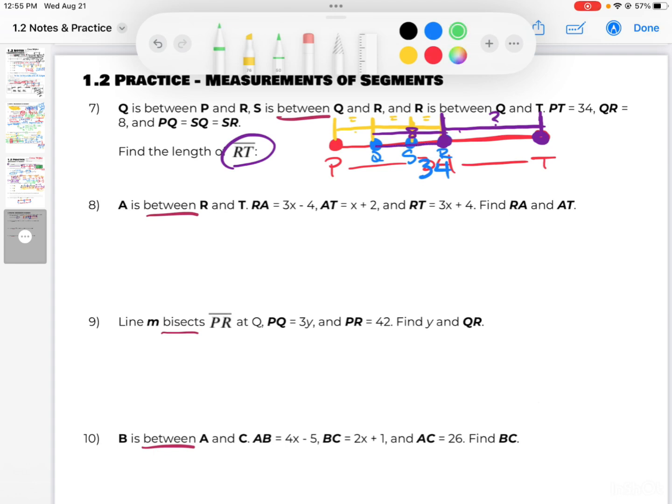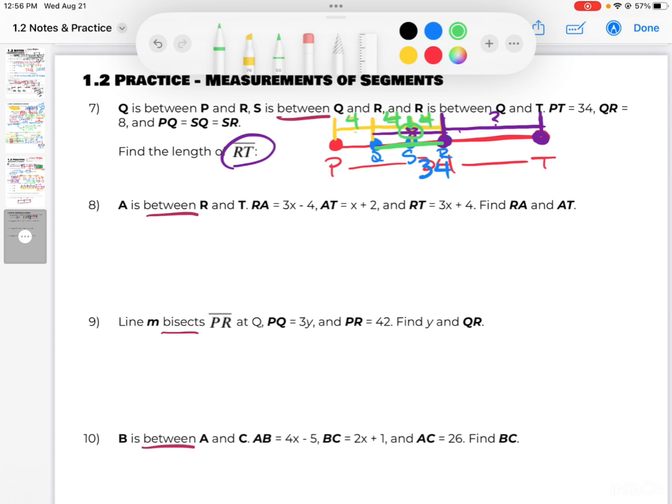When you see that this distance is 8, but it's split by 2 equal parts, that lets you know that they must both be the same thing. And they're each half of 8, which is 4. And P to Q also equals those 3, which means it's also 4.